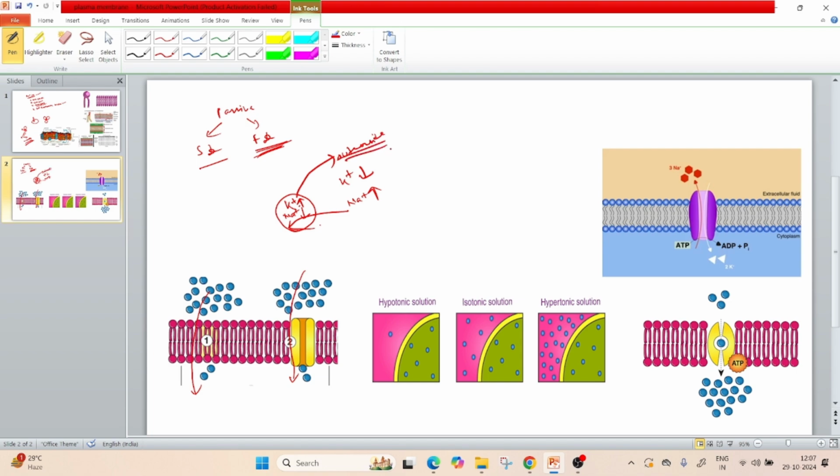Okay. But sometimes the potassium transports from the outer to the inside, or the sodium transports from the inside to the outer side. And this type of transport is called the active transport. Active transport means the transport of the solute or the molecule against the concentration gradient.